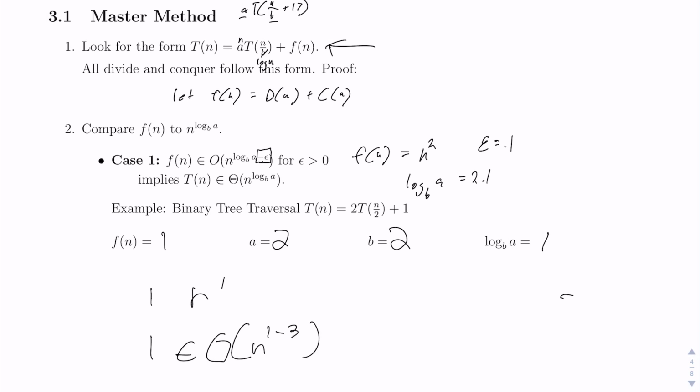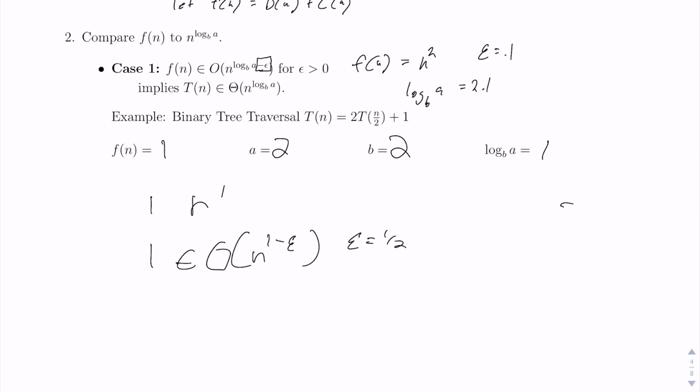Here we can pick an epsilon pretty much anything between 0 and 1 and that works out. So let's say epsilon equals 1/2, and this becomes O of n to the 1/2. 1 is big O of that. Checks out, right? 1's always going to be asymptotically slower than root n.